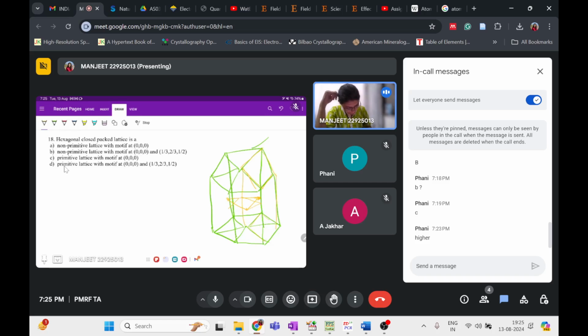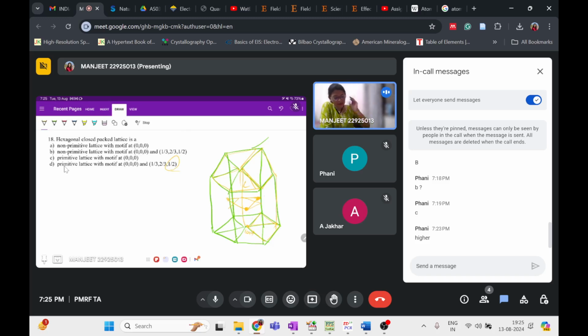If I'm considering the three primitive lattices, one is this one, another will be with this plane, and the third will be a lattice with the motif at either 0 0 0, or at the atom that is half of the c distance, that is 1 by 2, and 1 by third of a, 1 by third of a, 2 by third of your B distance.